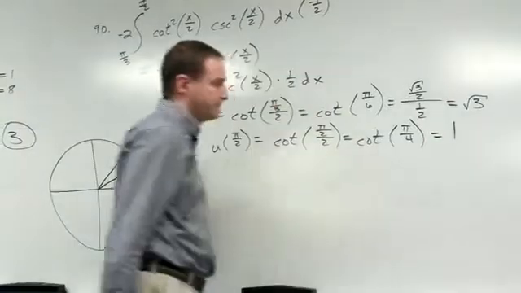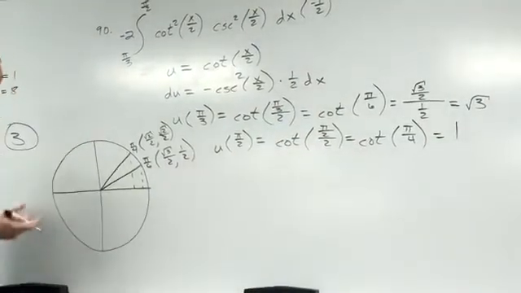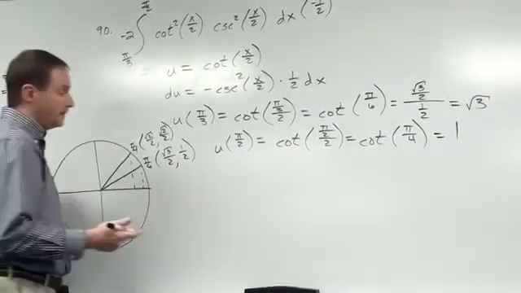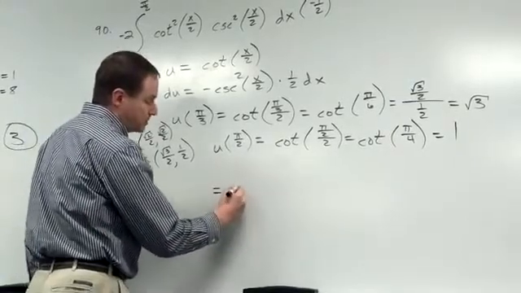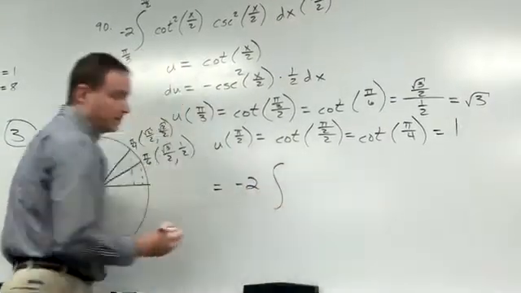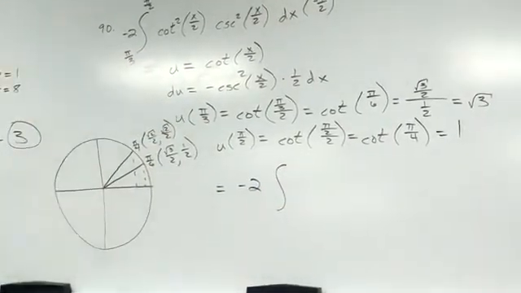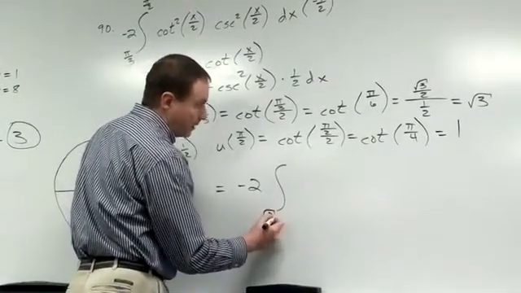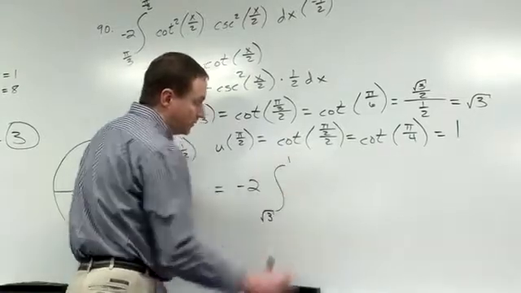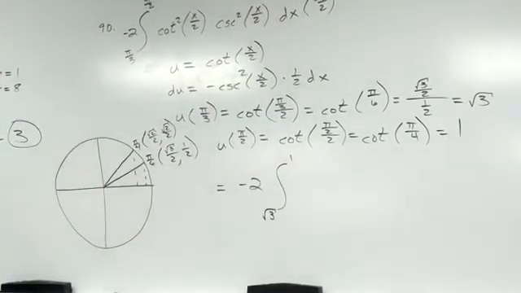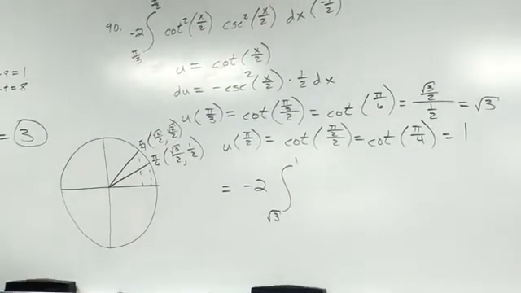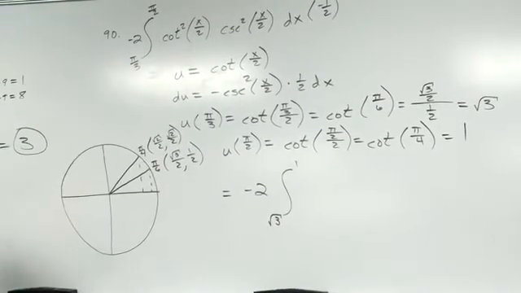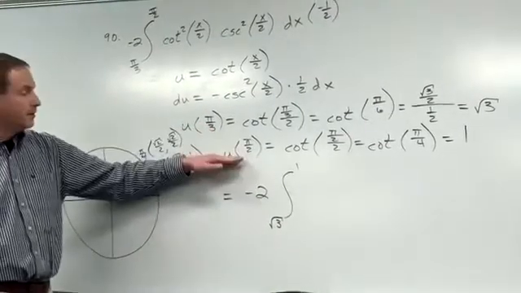That means, now that I have this set up, this problem changes to negative 2 times the integral. The lower limit of integration is the square root of 3. The upper limit of integration is 1. So we're actually going backwards now, from square root of 3 to 1, because placing it into our formula gave us this direction.